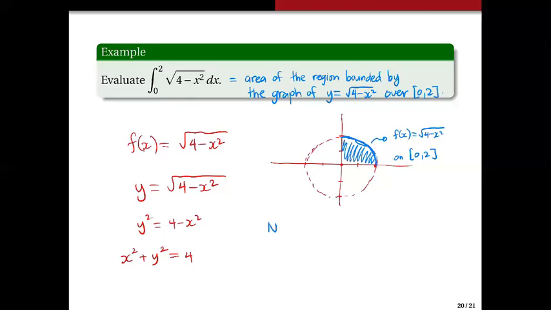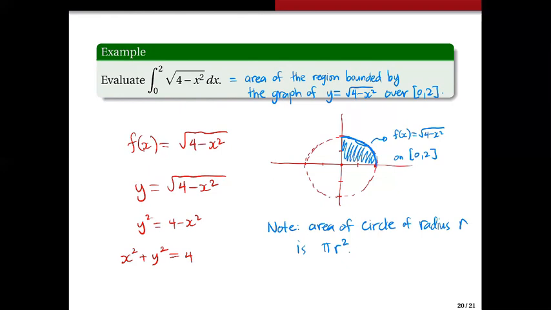So note, the area of a circle of radius r is pi r squared. The radius here is equal to 2. And we only want the quarter circle, this slice.